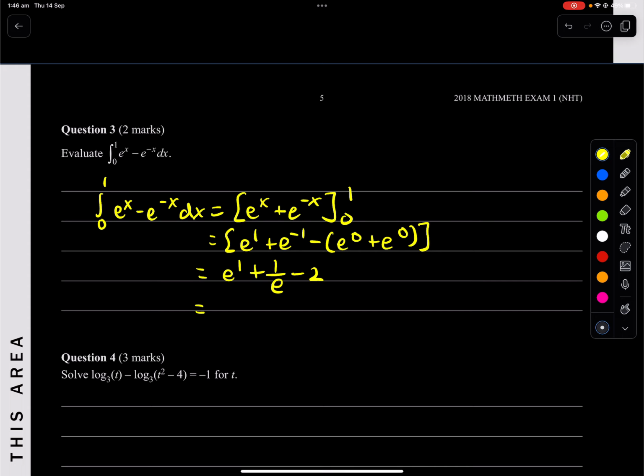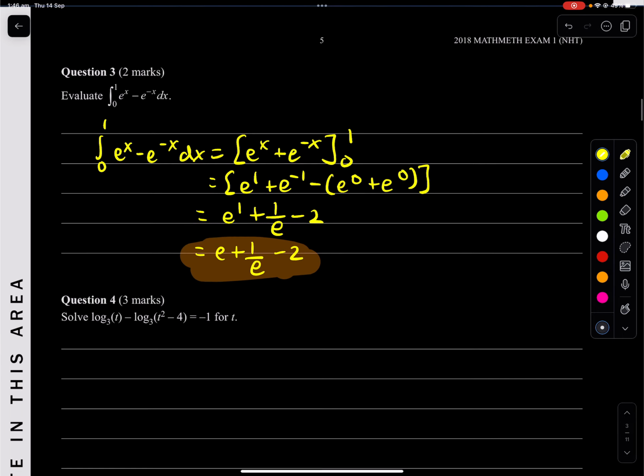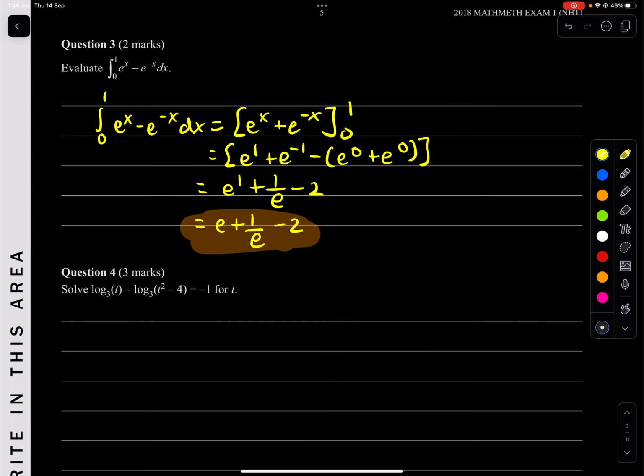And yeah, that's that. So just e plus 1 over e minus 2. That's that for that one. Is that right? Yep, looks good.